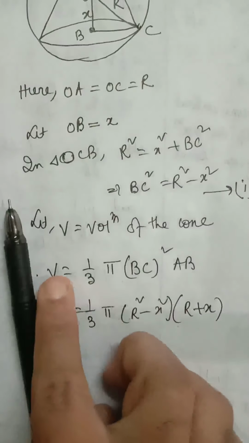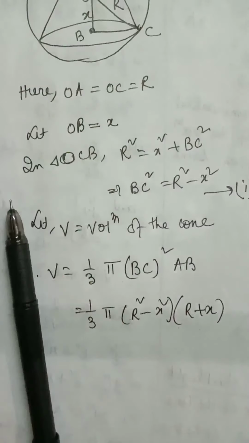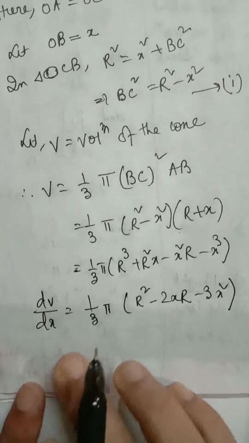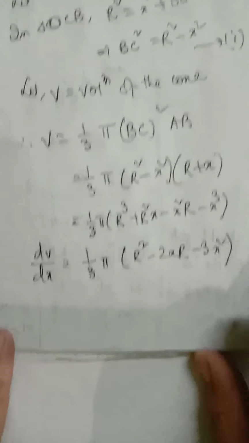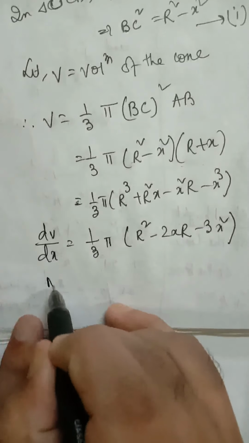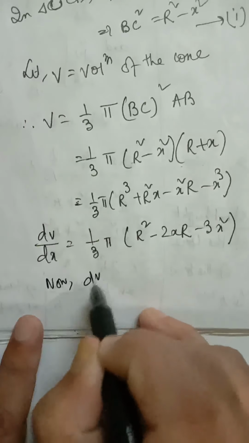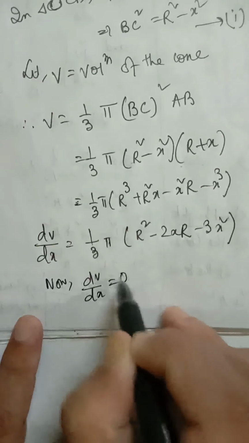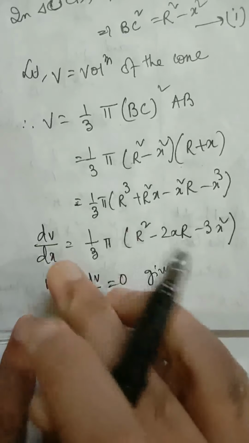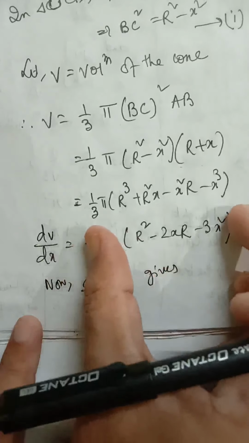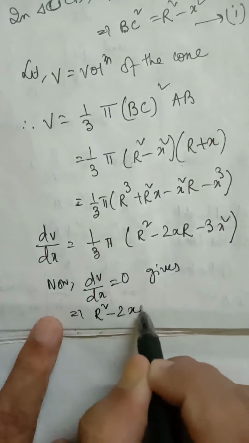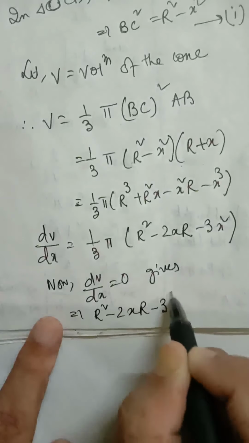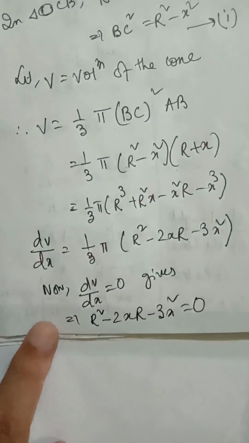Now we have to find the maximum value of V. For that we have to find dV by dx. First we multiply these two terms and differentiate, and we get this. Putting dV by dx equal to 0, we get r square minus 2xr minus 3x square equal to 0.